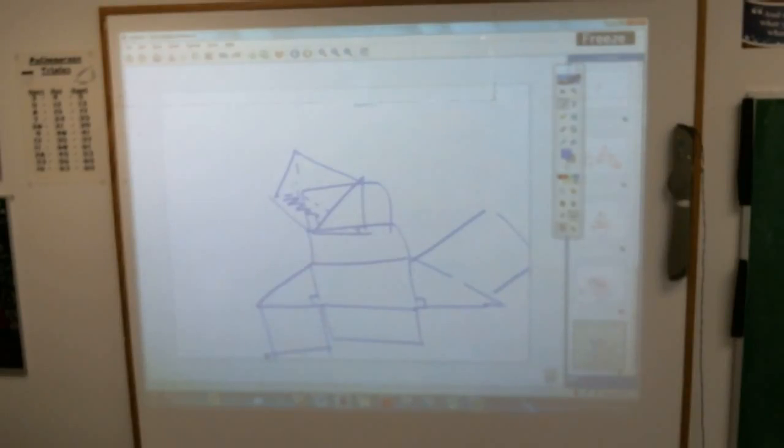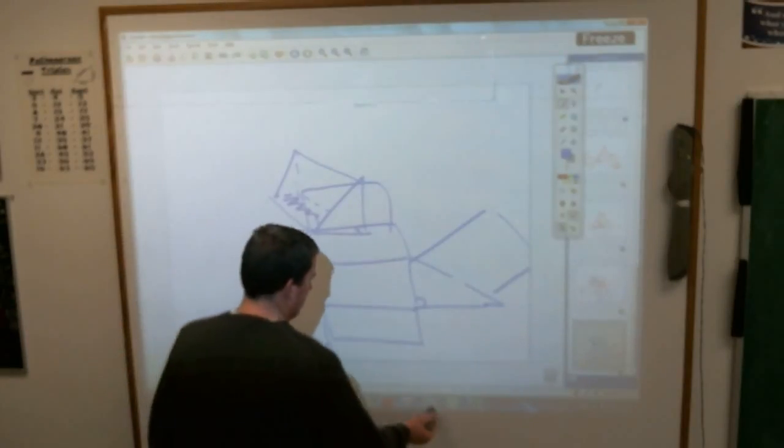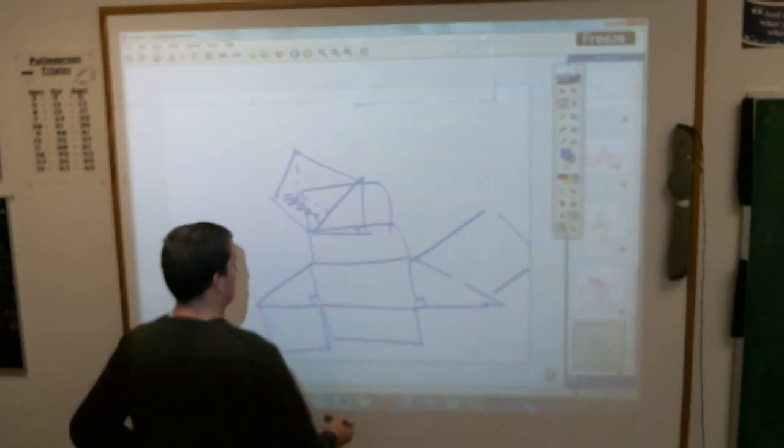And the other ones. All right, take out your notes under measuring again.